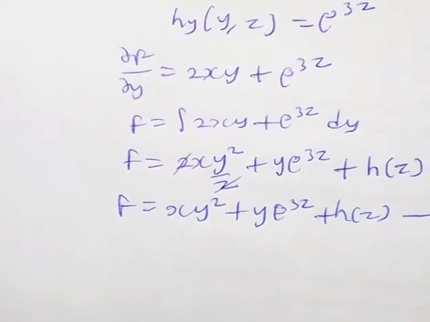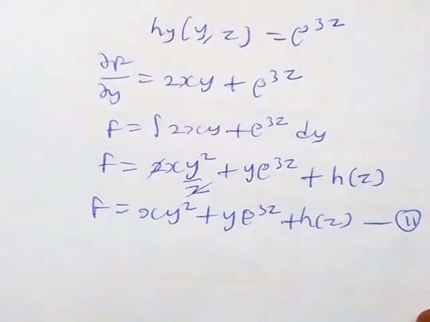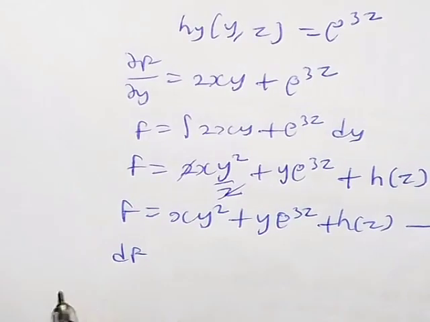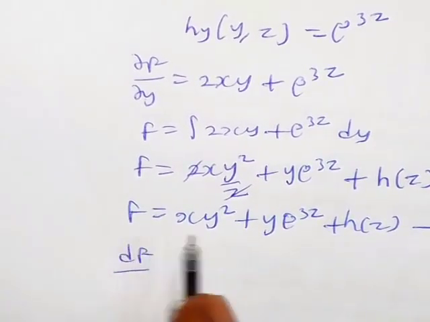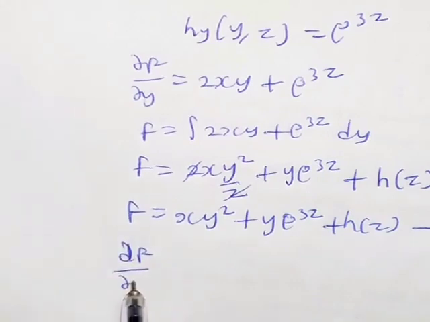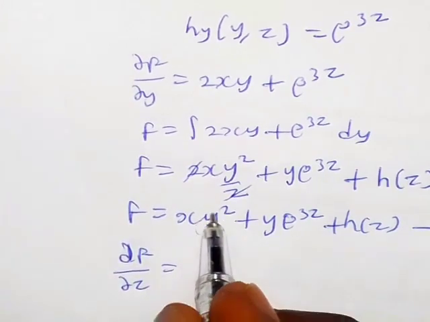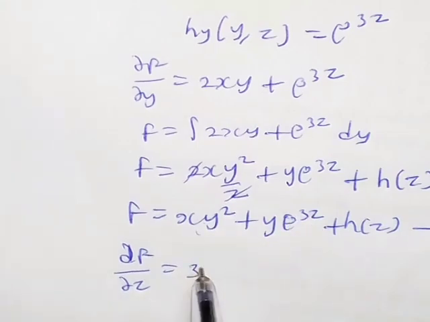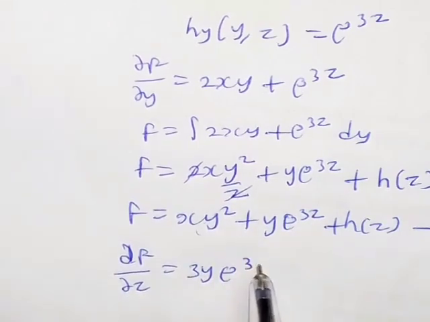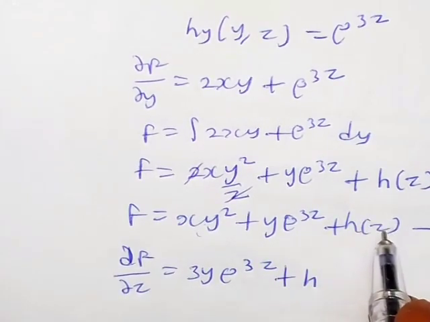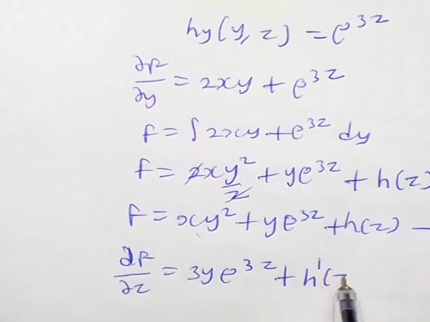Now differentiate equation 2 with respect to z. So we have partial f partial z equals, when we differentiate this guy with respect to z, we are going to obtain 0. There is a z here, so when we differentiate with respect to z here, we have 3y exponential 3z plus, and we differentiate h of z with respect to z, we are going to obtain h prime of z.